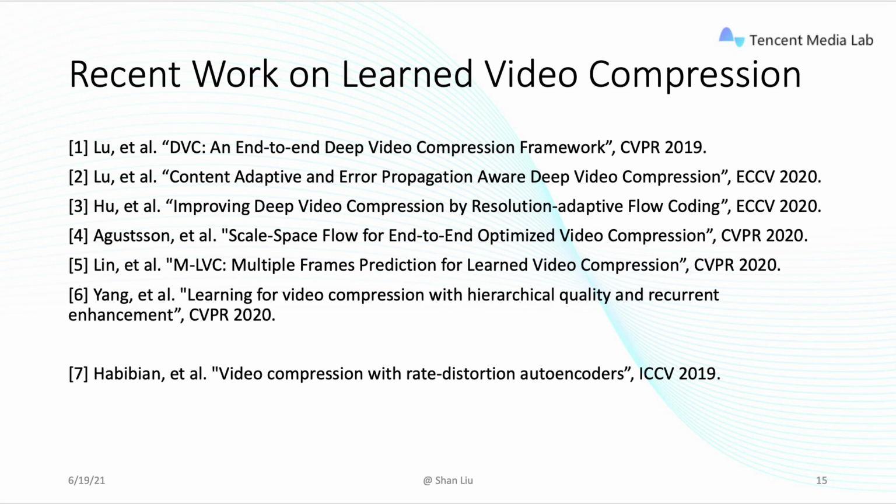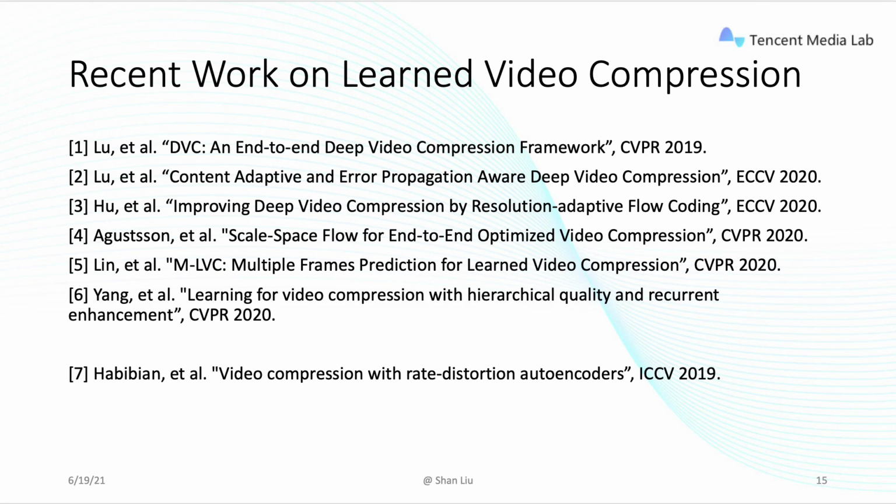Learned video compression is relatively a new research area, and most progress has been made quite recently. Here, I listed some of the recently published and widely referenced papers. The first one was just introduced. Following that, a few pieces of work along the line which perform end-to-end learned compression on the conventional video coding framework were published last year.